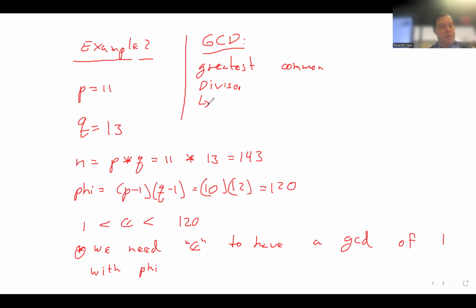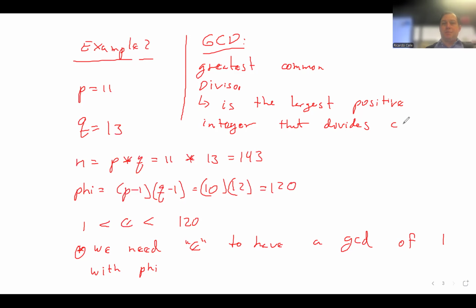So this, as someone said, is the largest positive integer that divides each of two integers.